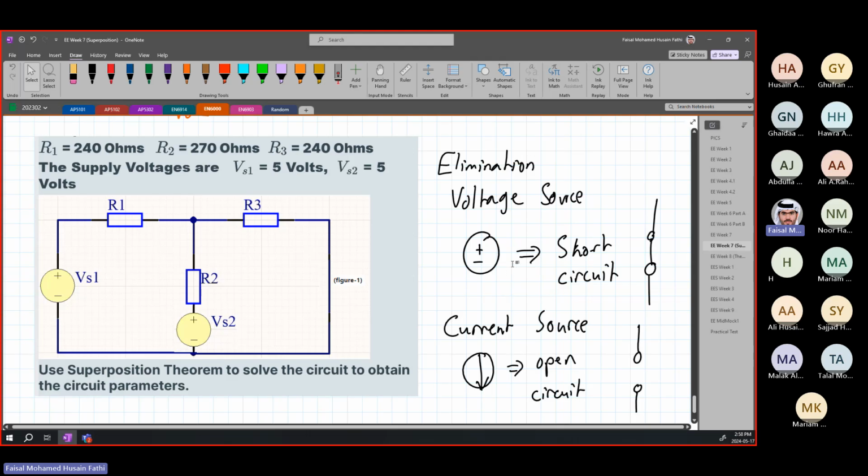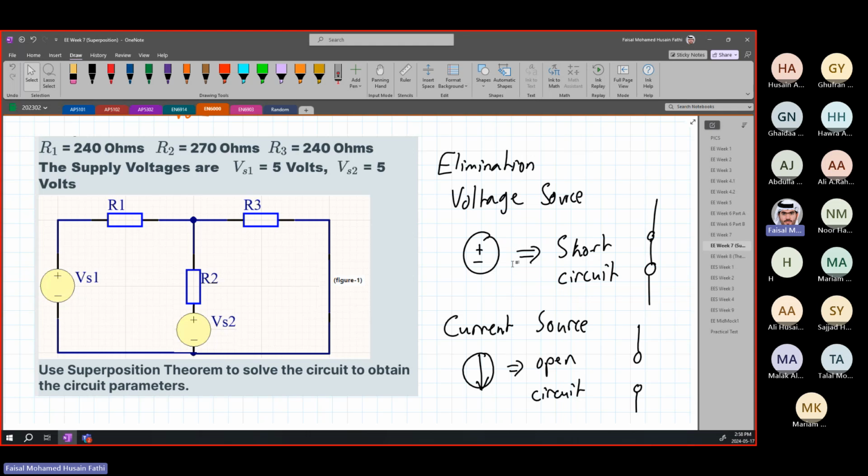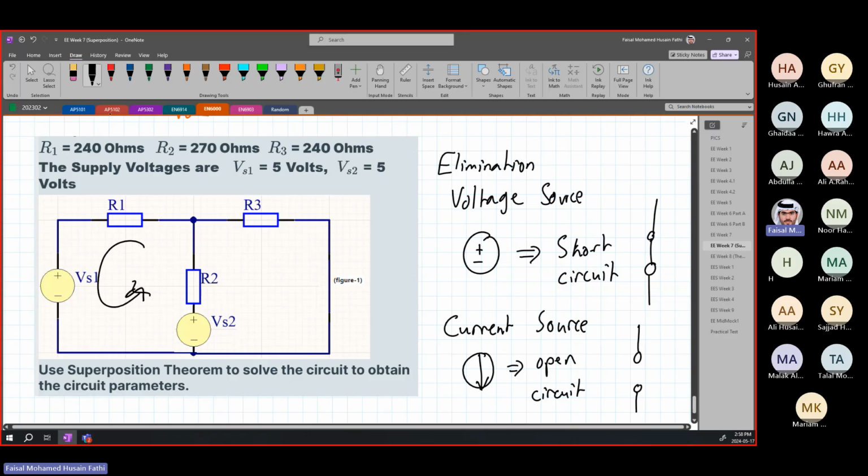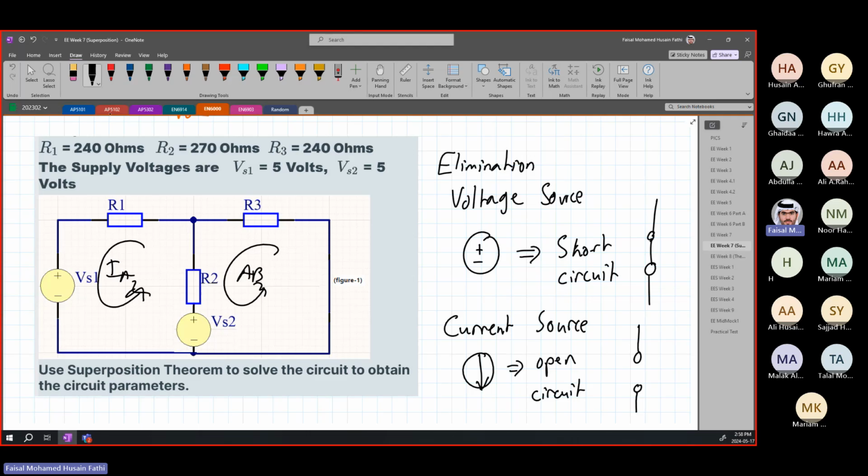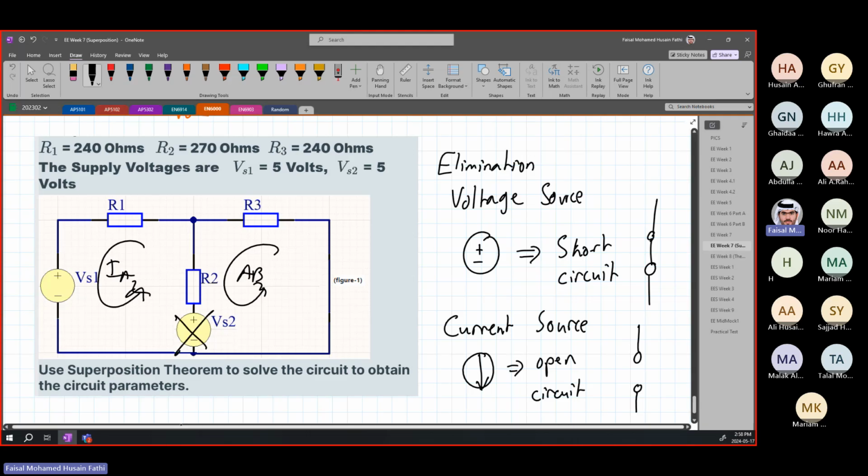This is the most important concept. If you don't use it this semester, you'll definitely be using it next semester in AC circuits. You can apply nodal or any method to find the voltage and current, it doesn't have to be anything specific. As long as it's a correct method you can use anything. If you want to use mesh with IA and IB, that's fine, but as long as you're not eliminating the source, you're not using superposition anymore.